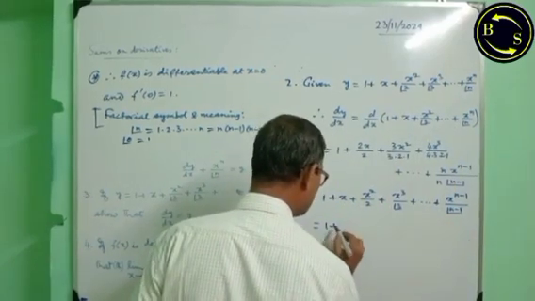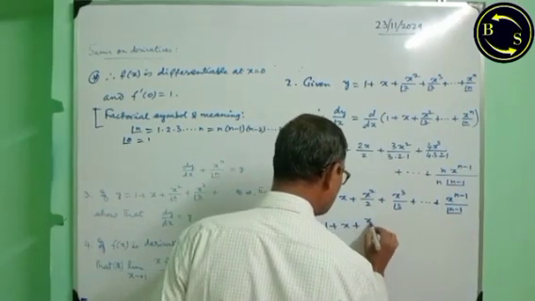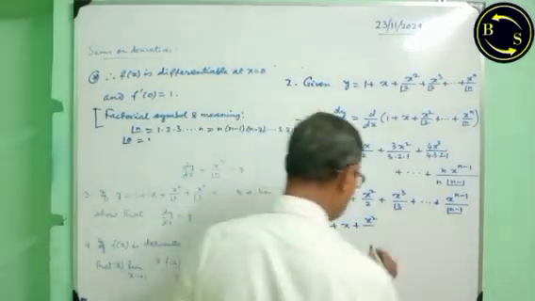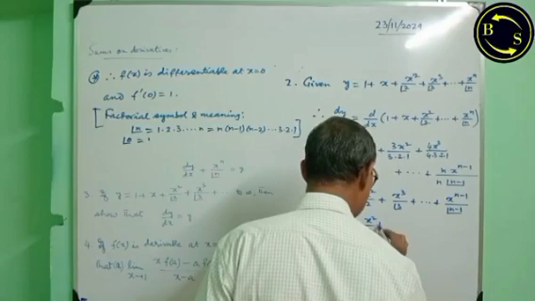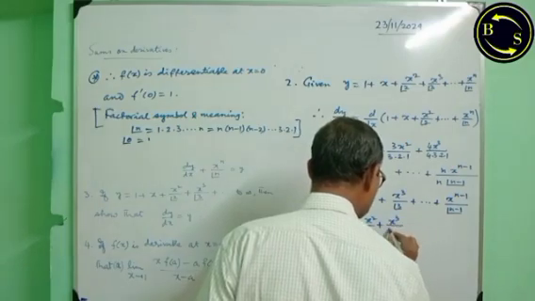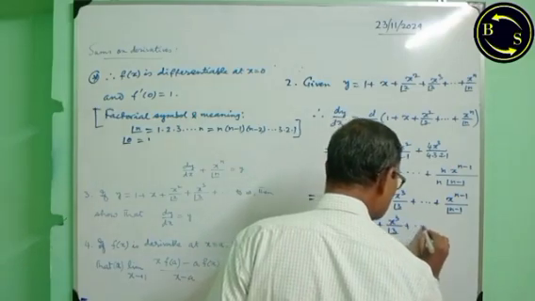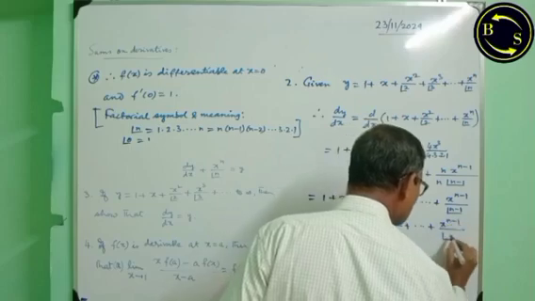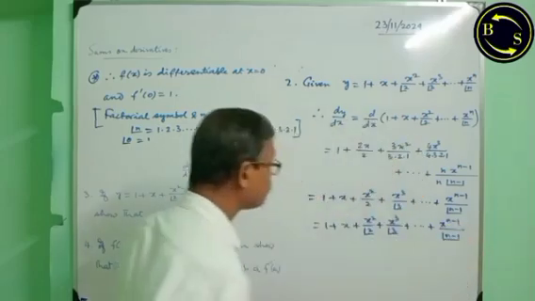Therefore, 1 plus x square by 2 factorial, where factorial 2 is equal to 2. Therefore, I can write this as factorial 2, x cube by factorial 3, plus x to the power n minus 1 by factorial n minus 1.